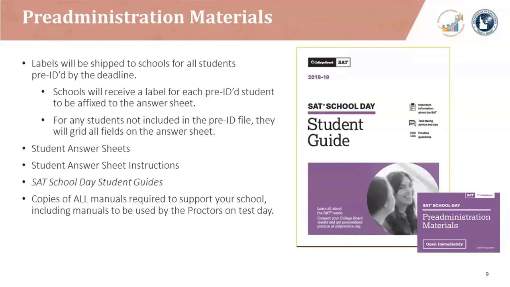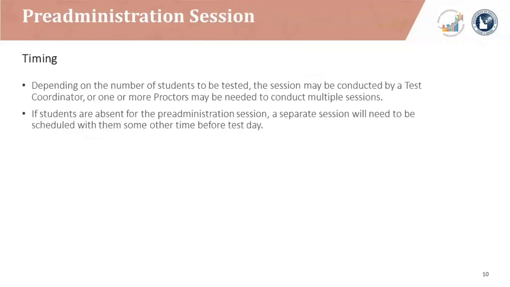Labels will be shipped to schools for all students pre-ID'd by the January 16th bulk registration deadline. Schools will receive a label for each pre-ID'd student that should be affixed to the answer sheet. For any students not included in the pre-ID file, these students will grid all fields on the answer sheet on test day.